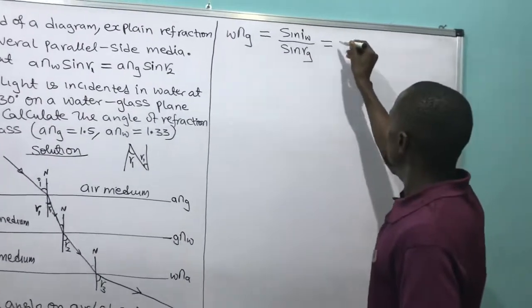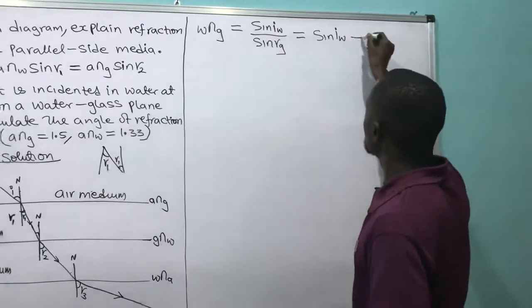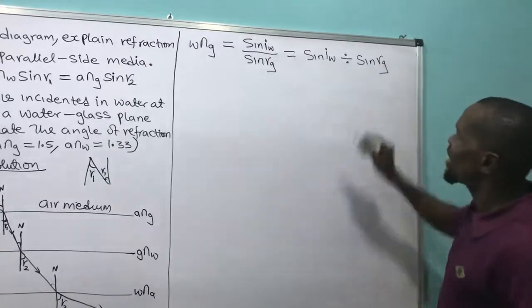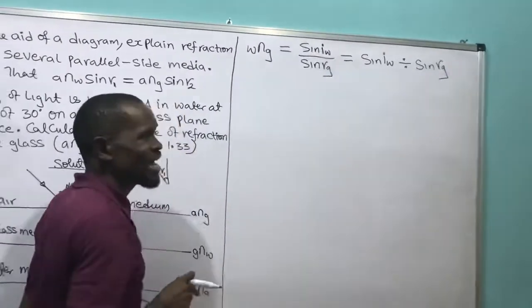And this can be written as sine of incident angle in water divided by sine of refraction in glass. That means I incidented in water and I refracted in glass.